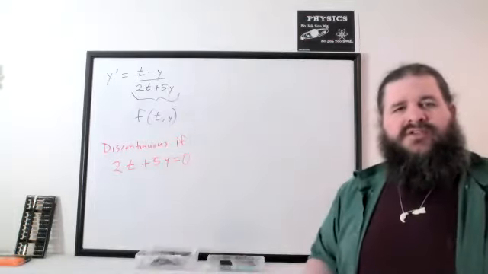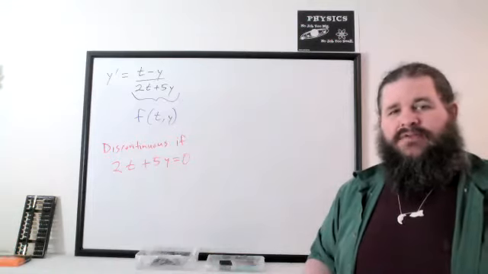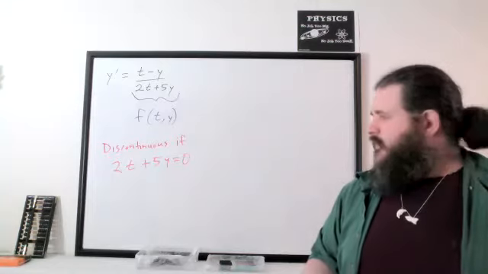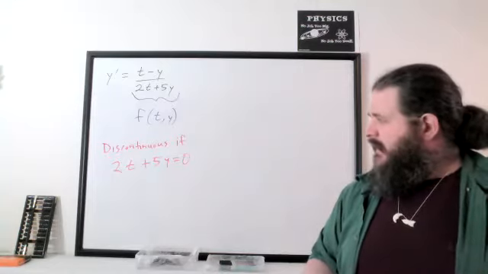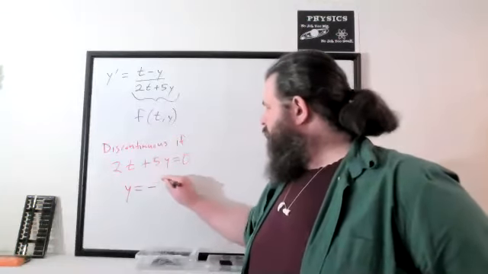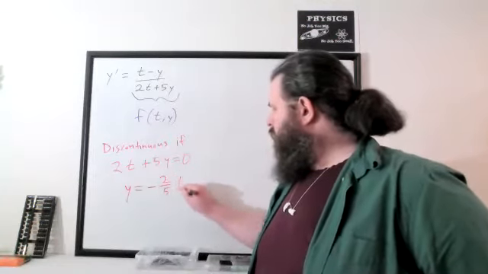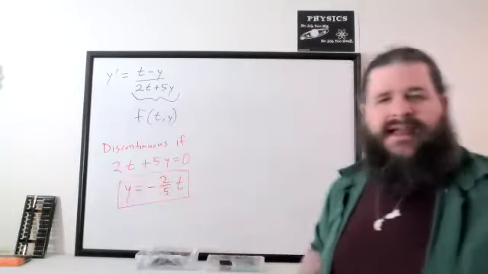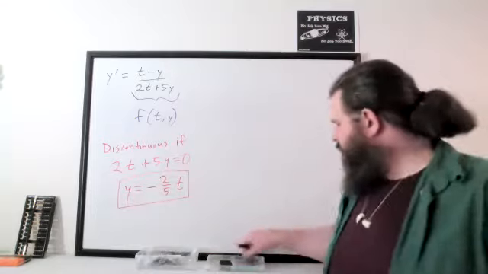And note that this is not just one y value or just one t value. This is a relationship between t and y. So it might be useful to rewrite this by, let's say, isolating y. So if we graph that, we actually get a diagonal line of discontinuities.